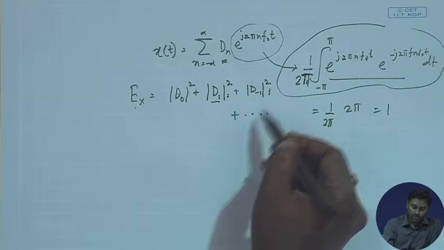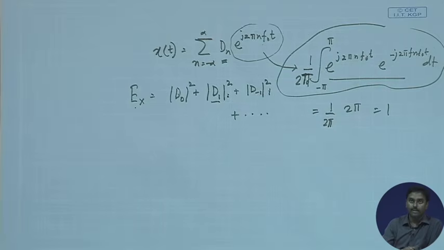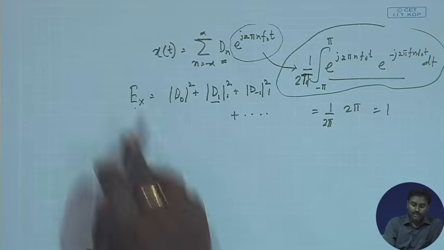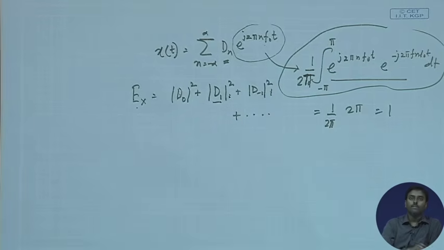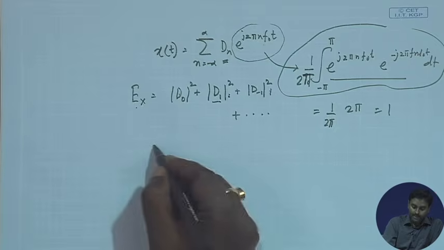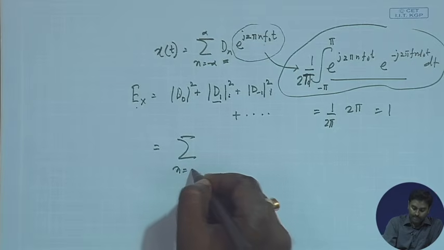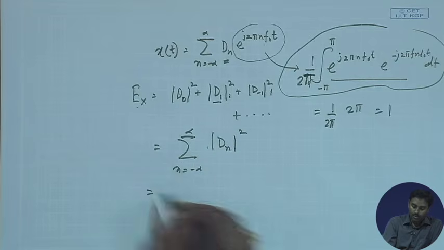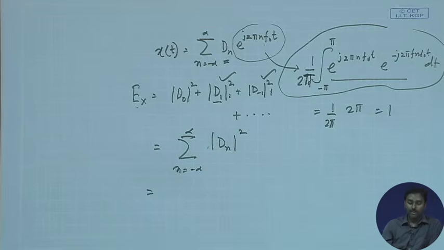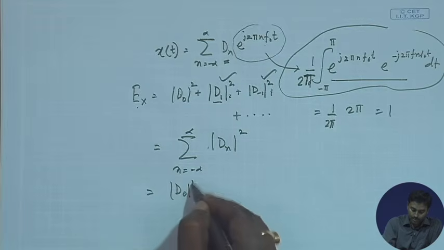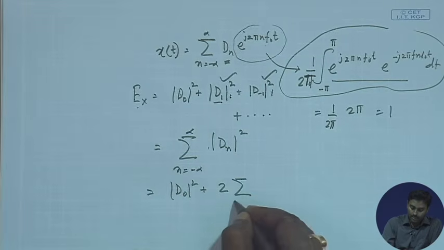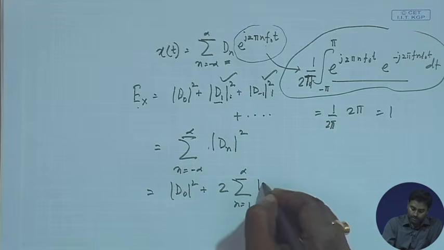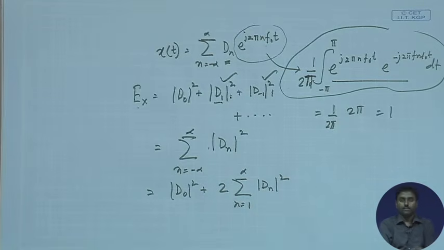That is why all those values come to be 1. So, the overall energy is just the summation of these coefficients. I can write it as the sum from n equal to minus infinity to plus infinity of mod dn square, or, because these two sides are symmetric, as mod d0 square plus 2 into the sum for n going from 1 to infinity of mod dn square. This is the famous Parseval's theorem.